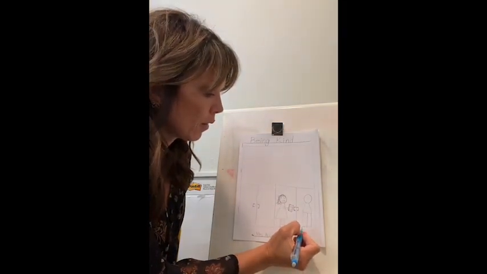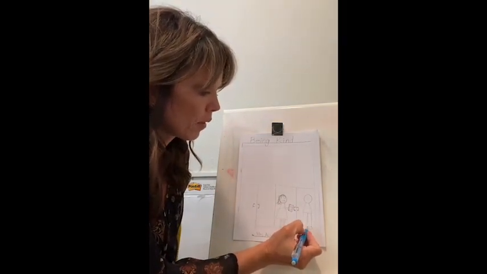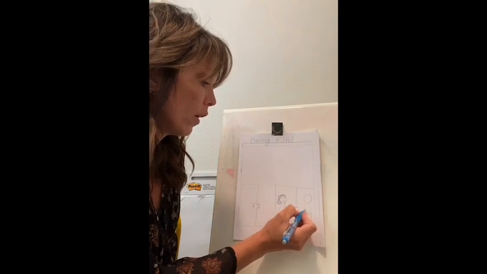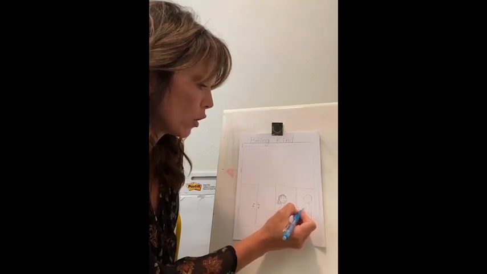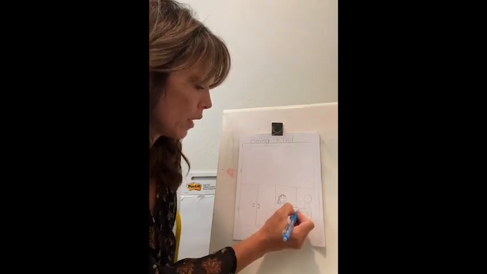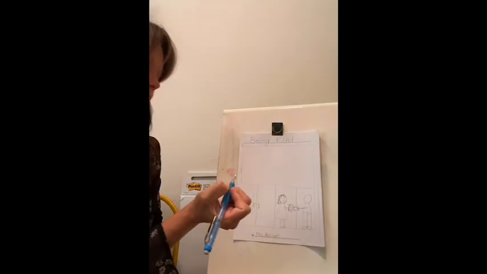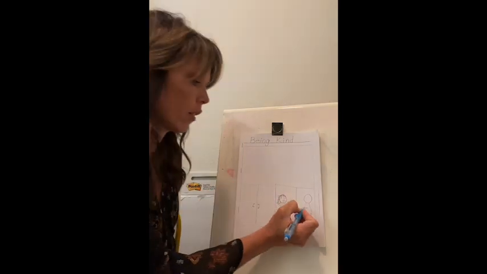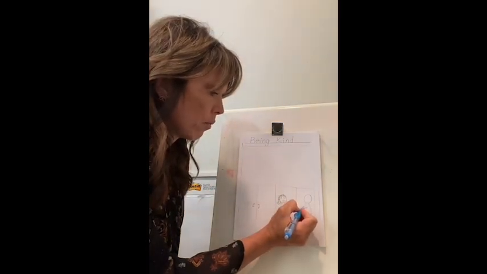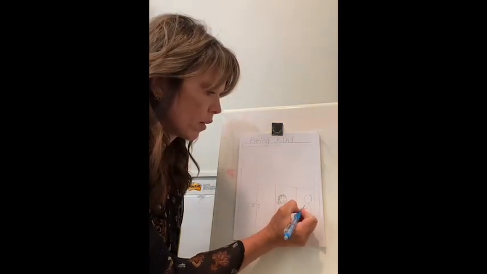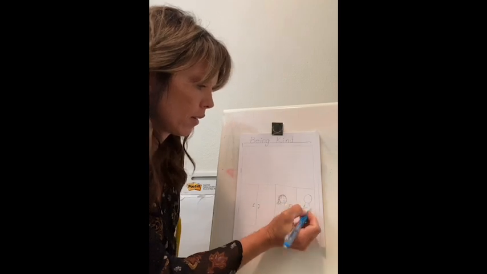Okay, and then we're going to put some shoes on him. And then his one arm is going to be reaching out to grab the door handle. So we need to make his arm touching the door handle, okay? And then his other arm might just be over here, kind of on his side, okay?